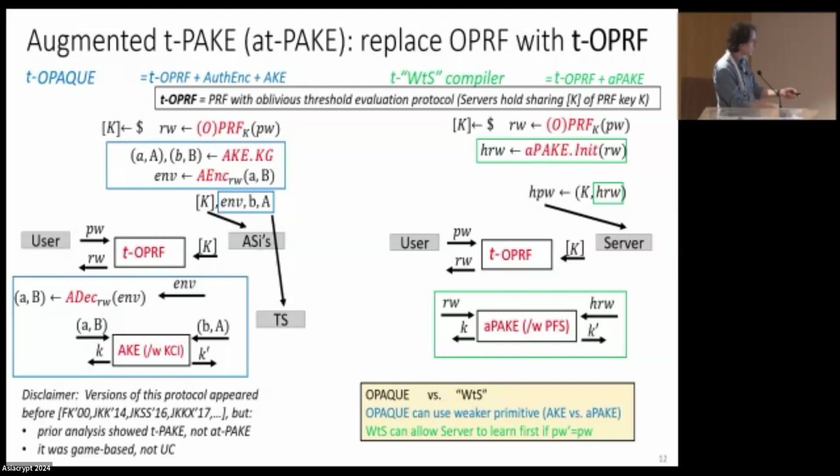And you can do the same over here. This is secret shared, this is the threshold protocol. Again, this is done by the auxiliary servers, and this part is done by the target server. Basically, everything falls into place if you replace the OPRF with the threshold OPRF.